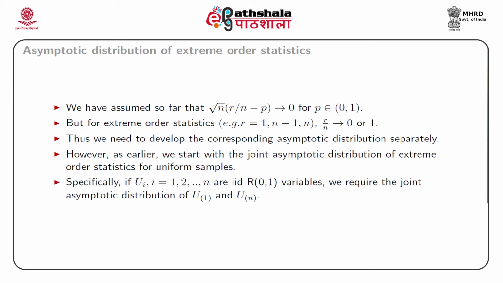Specifically, if ui are IID rectangular 0, 1 variables, we require the joint asymptotic distribution of u ordered 1 and u ordered n. So, take an and bn as positive constants depending only on n, and consider the joint probability that an multiplied by u ordered 1 is greater than x and bn multiplied by 1 minus u ordered n is greater than y.